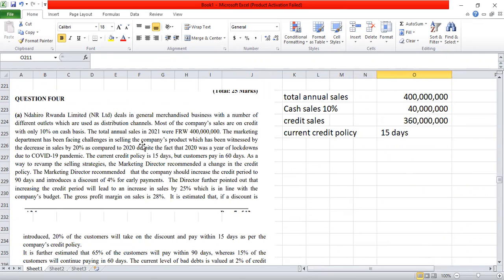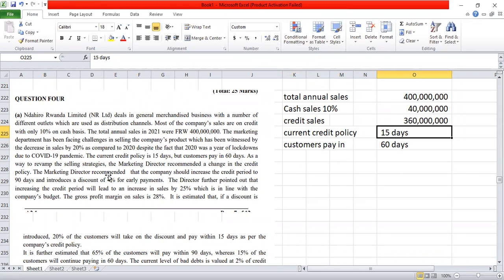The current credit policy is 15 days as a way to revamp the selling strategies, but customers pay in 60 days. So although the policy is 15 days, the customers are paying in 60 days.